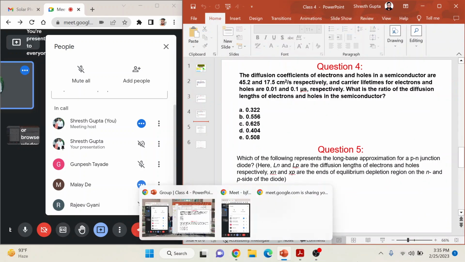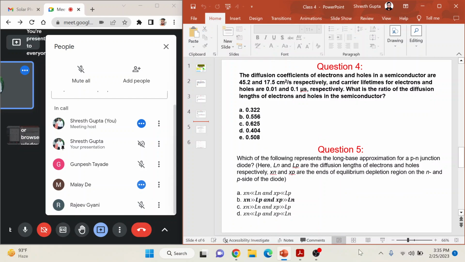So let's move to the next question. Question number 4 says the diffusion coefficients of electrons and holes in a semiconductor are 45.2 and 17.5 centimeter square per second respectively, and the carrier lifetimes for electrons and holes are 0.01 and 0.1 microseconds respectively.